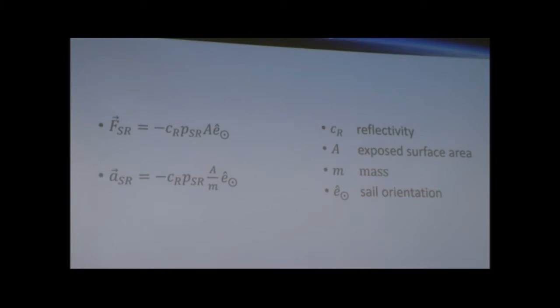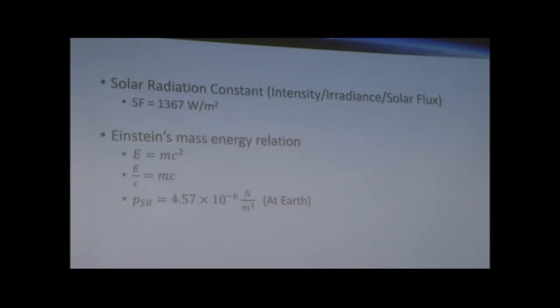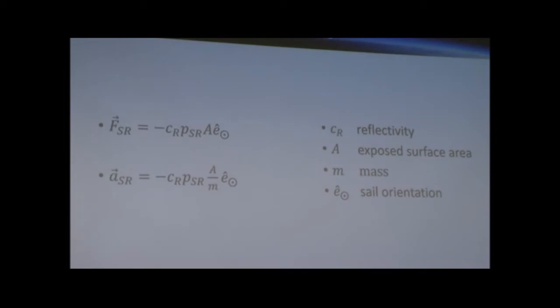So how can we back the force out from that? We know that pressure is force per unit area. So if we were to just multiply that last expression by area, that's pretty much where this force equation is coming from. And this C_R is similar to C_D in the drag equation.